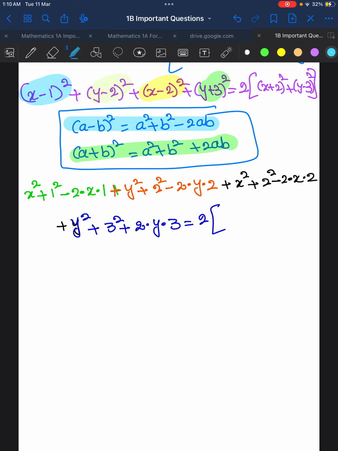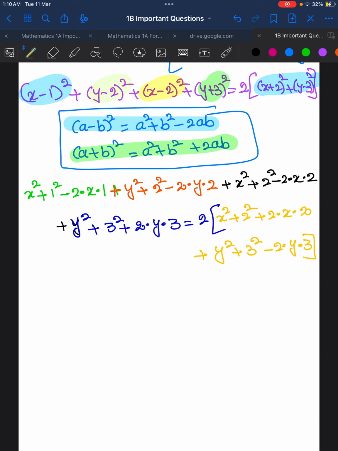If I expand that, (x plus 2) whole square is x square plus 2 square plus 2 into x into 2. Next, (y minus 3) whole square is y square plus 3 square minus 2 into y into 3. Like this you need to write.